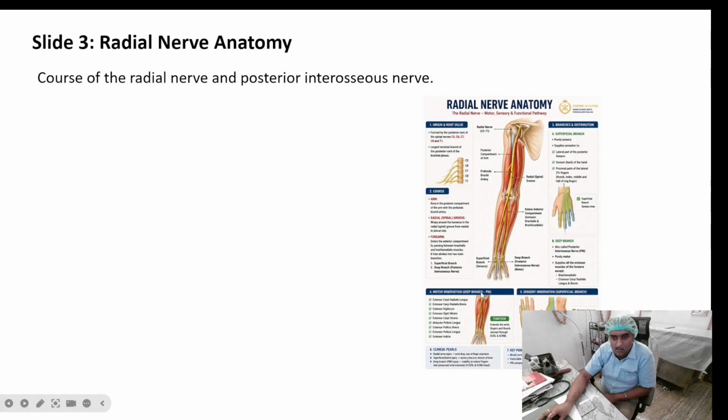And here is the motor innervation, the deep branch, which extends into extensor carpi radialis longus, extensor carpi radialis brevis, extensor digitorum, extensor digiti minimi, extensor carpi ulnaris, abductor pollicis longus, extensor pollicis brevis, extensor pollicis longus, extensor indicis. This is the posterior forearm lateral part. This is the dorsum of the hand and the proximal lateral 3.5 fingers.